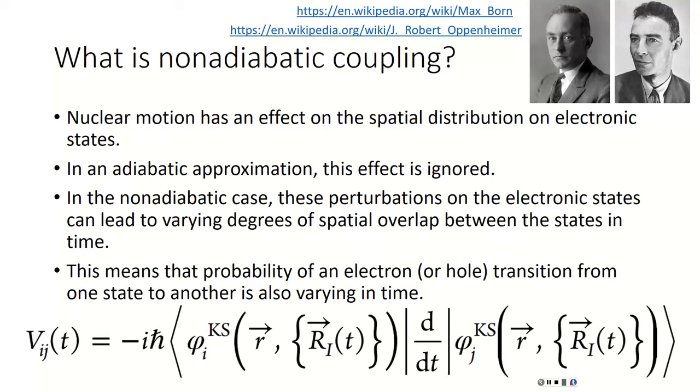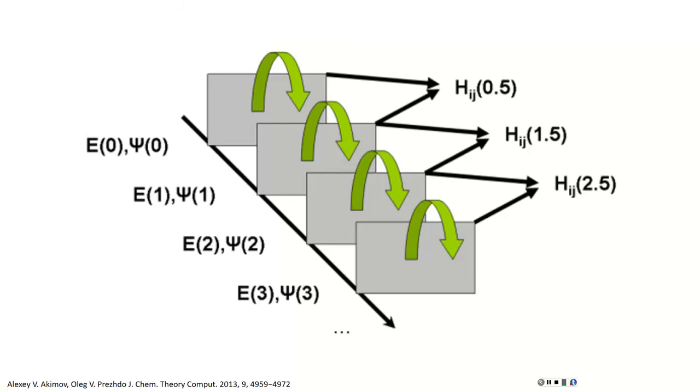There's a diagram that I hope might make it make a little bit more sense. There are energy levels, energy states, that change in time, right? And a certain overlap happens between each one, and that's how we get non-adiabatic coupling.